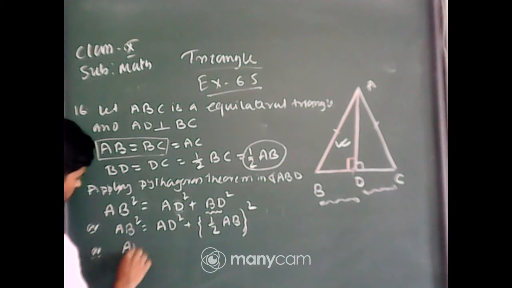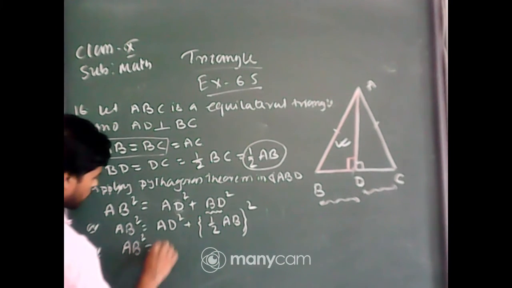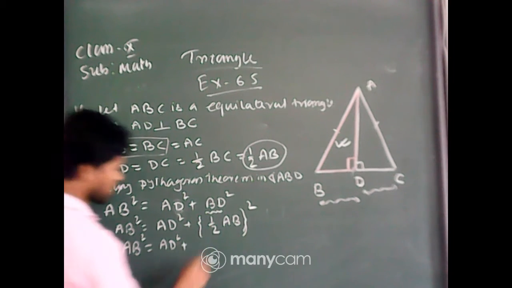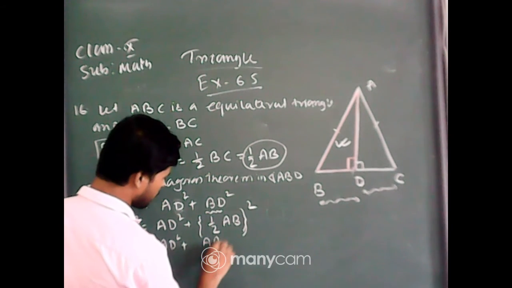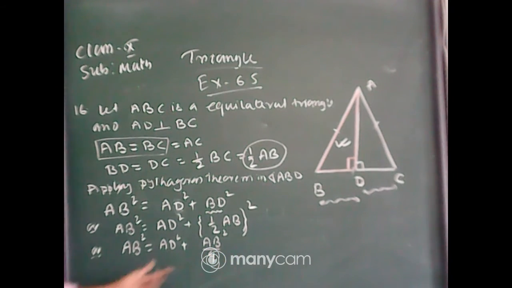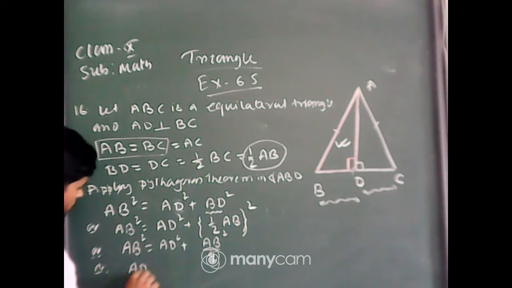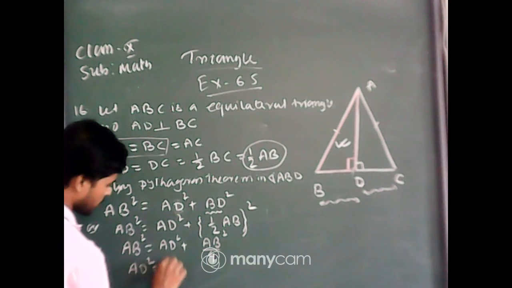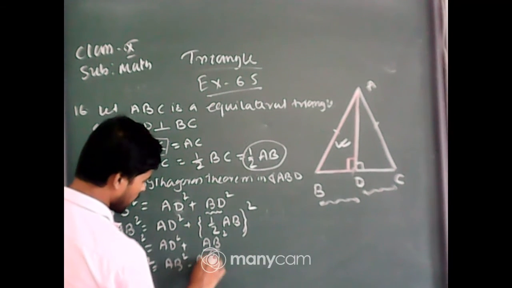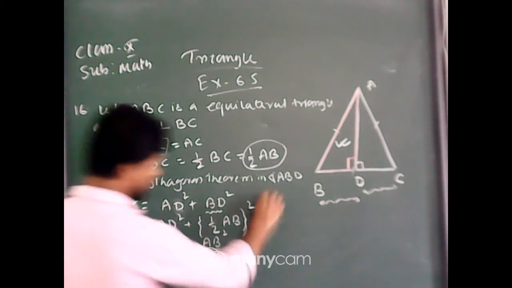Now just do the calculation, you have the answer. So AB square is equal to AD square plus AB square by 4. Now from here, find out the value of AD square. So AD square will be AB square minus AB square by 4. I am solving it here.